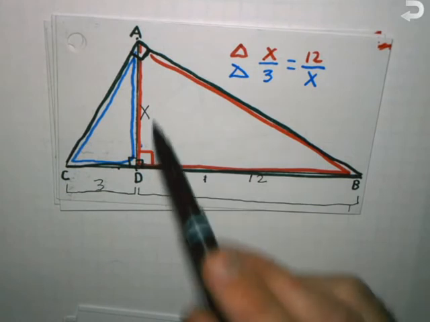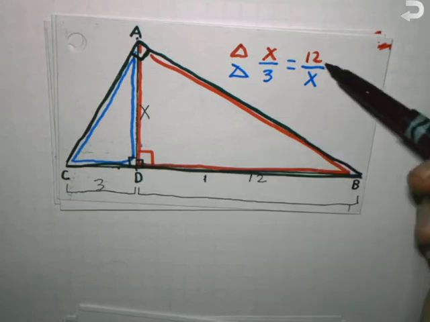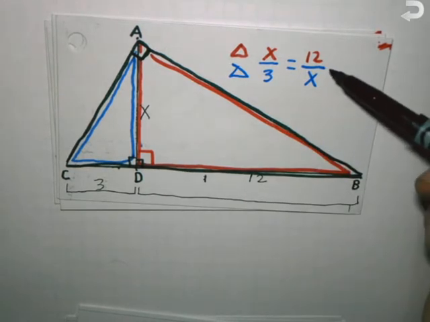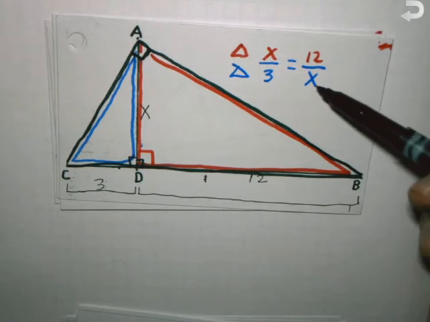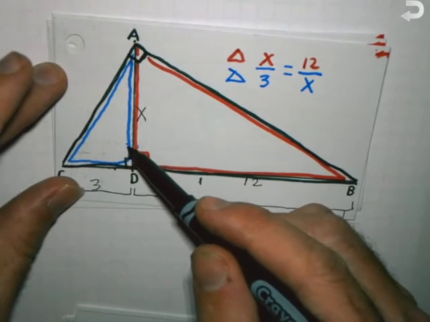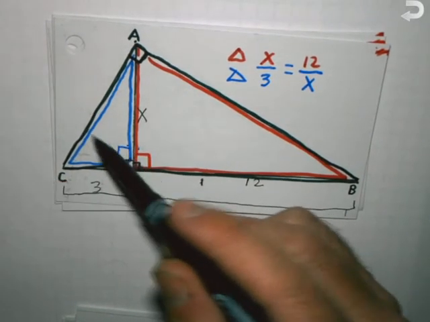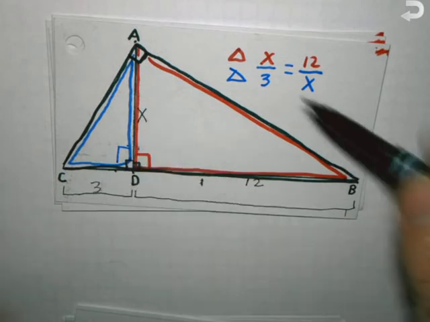To solve that, we will cross multiply. So we get x squared equals 36. So we square root both sides, and we get x equals plus or minus 6.